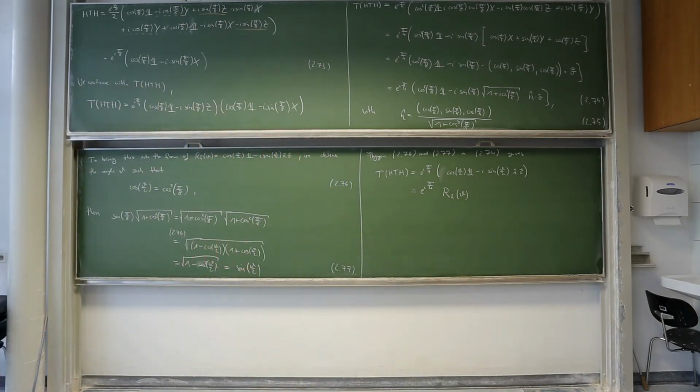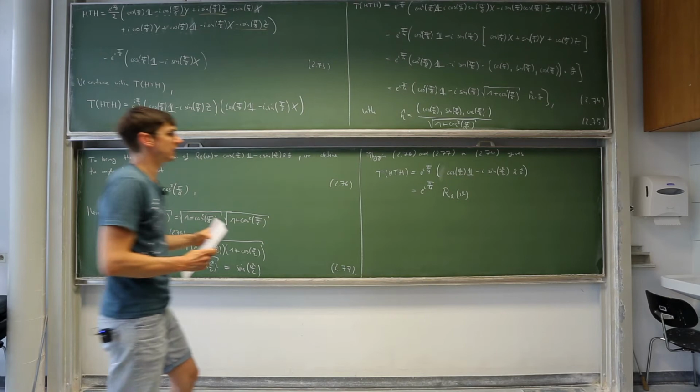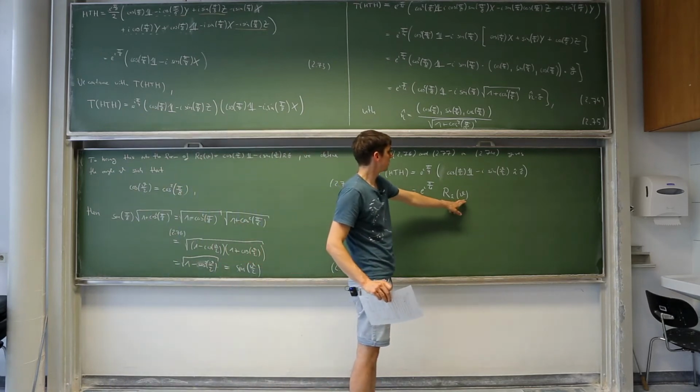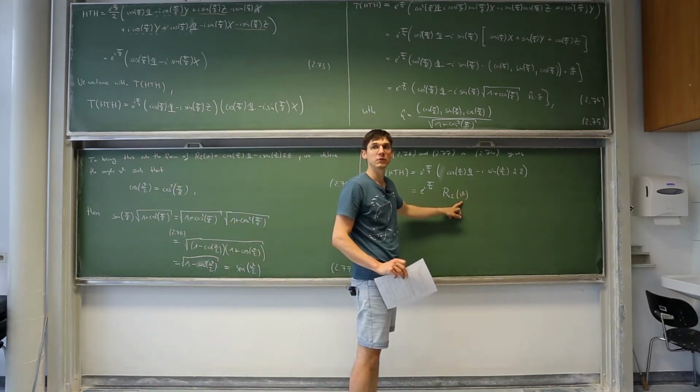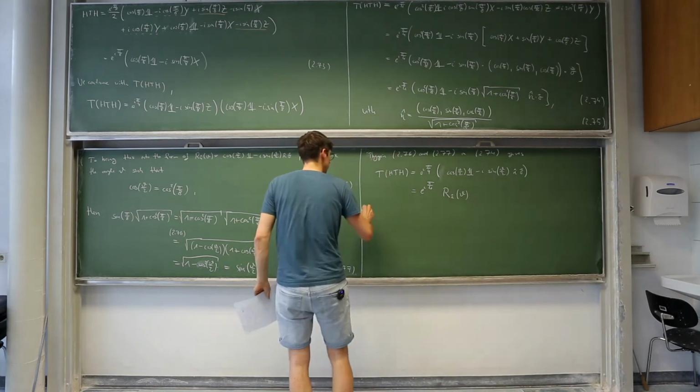And what's important here is that theta is an irrational multiple of 2 pi.